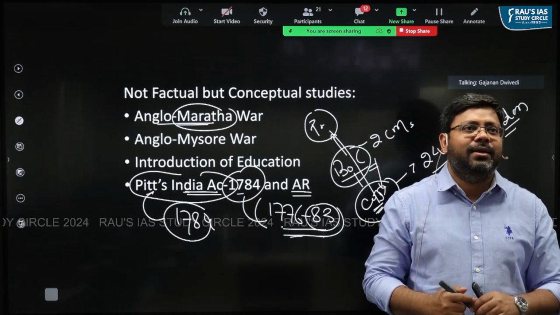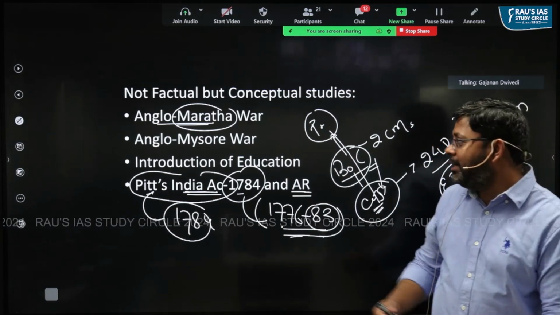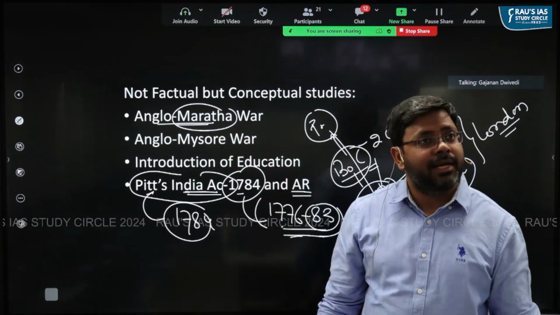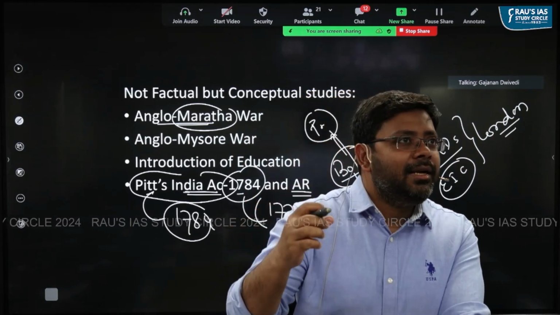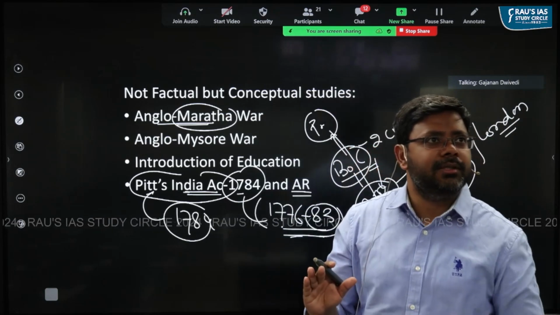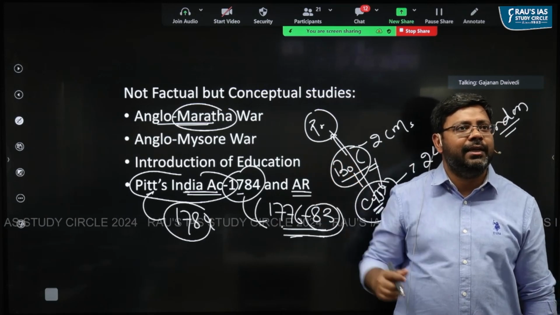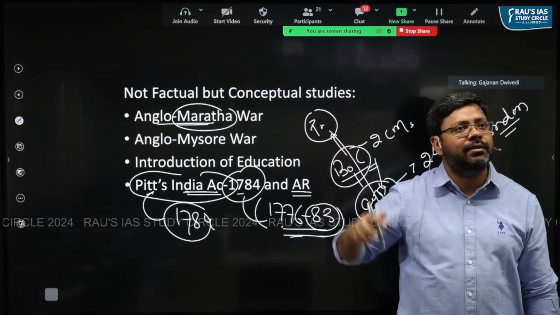Not at all. Now, if we talk about the Anglo-Maratha War, don't you think that the Marathas controlled the Deccan, and the Deccan was a cotton producing area? Don't you think that cotton was much needed for the textile revolution in England?